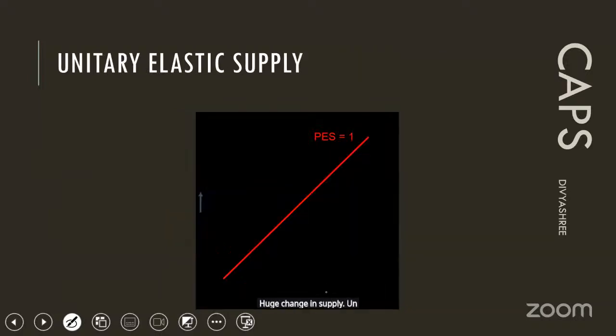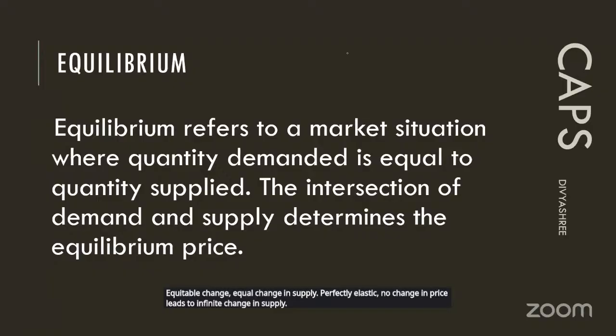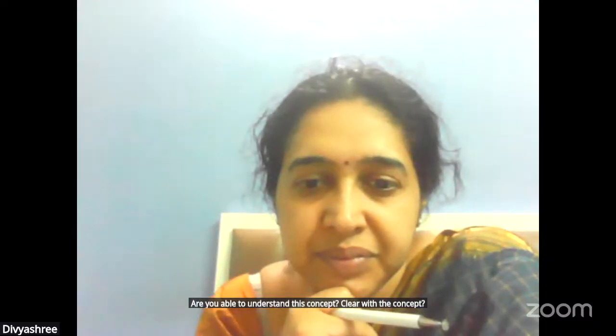Unitary elastic: change in price leads to equal change in supply. Perfectly elastic: no change in price leads to infinite change in supply. Are you able to understand this concept? Any doubt? No, ma'am.